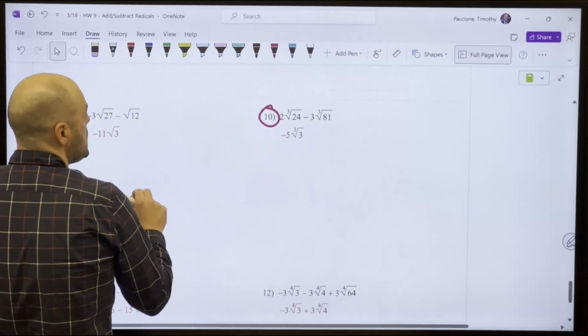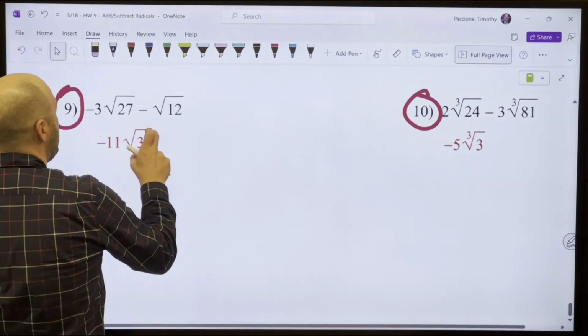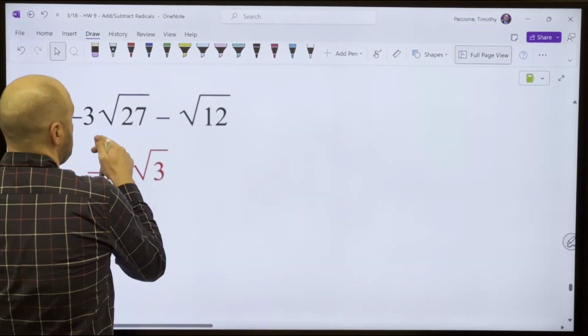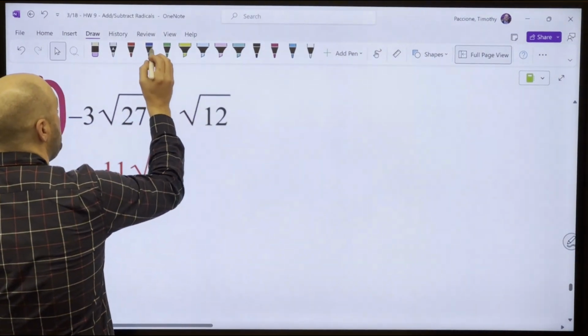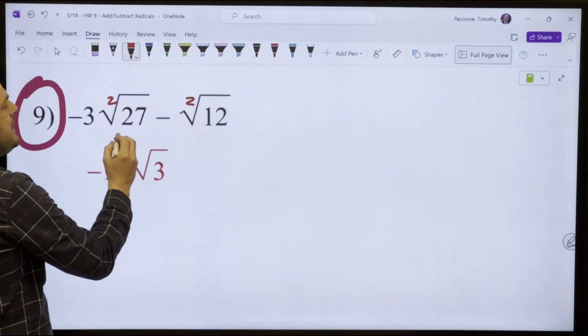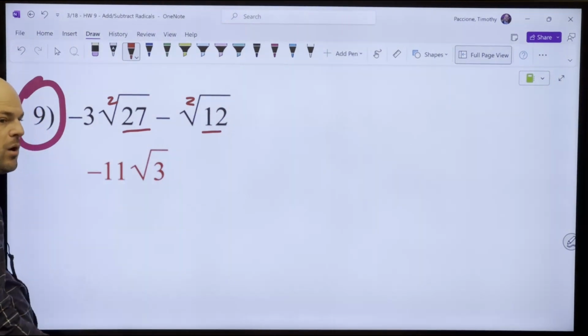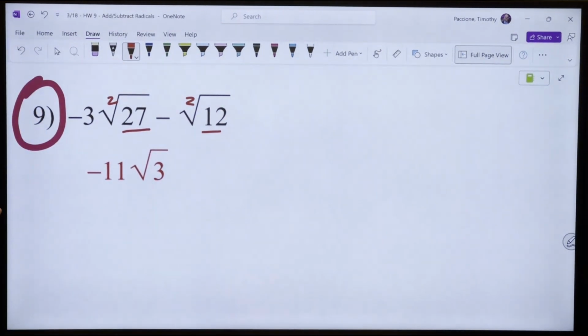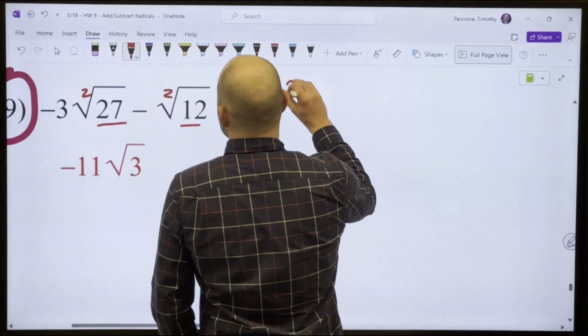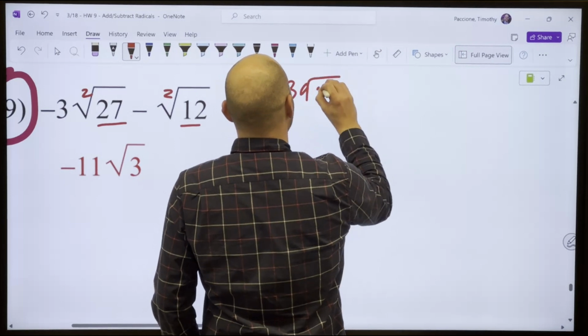All right, number 9. Okay, so at first glance, you would say, well, they're both square roots, right? 2 and 2, which is good. But these two numbers are not the same. However, you always have to simplify before you do your final check of whether they are like terms, right? So you would do them one at a time. You would say minus 3 square root of 27.